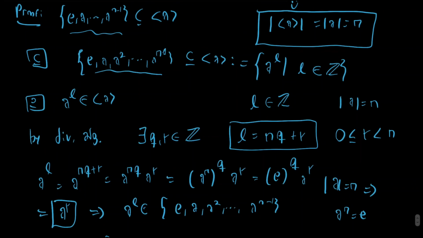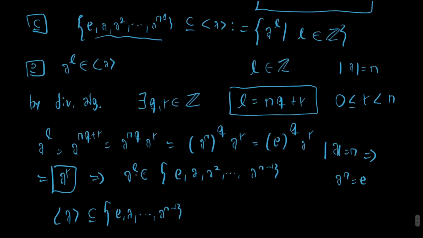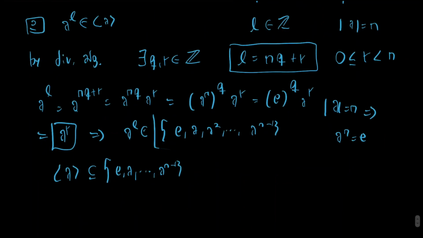Why? Because we proved that for a general element of this subgroup, it is an element of this set here. So the cyclic subgroup generated by A, this angle bracket A, if you want to use LaTeX notation, is a subset of this.